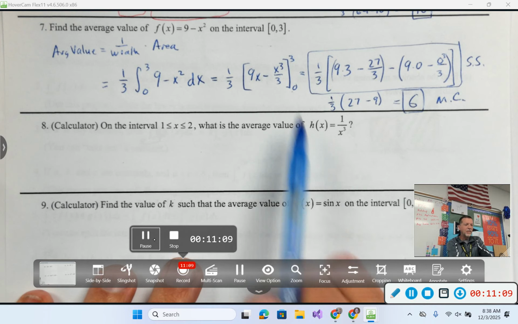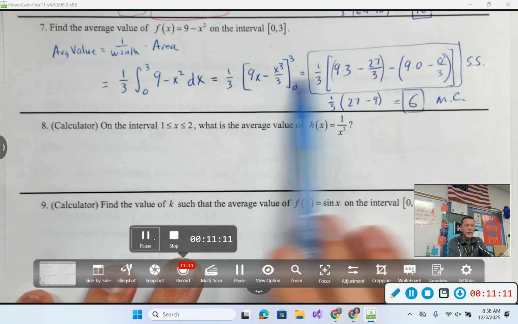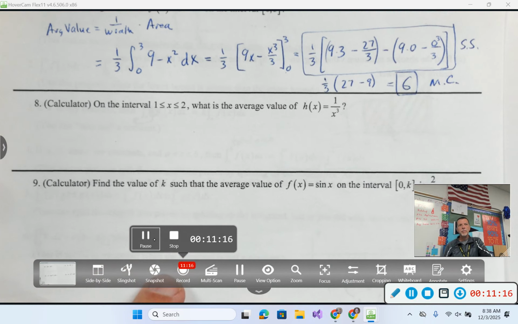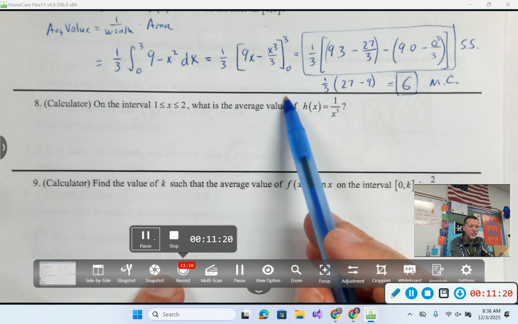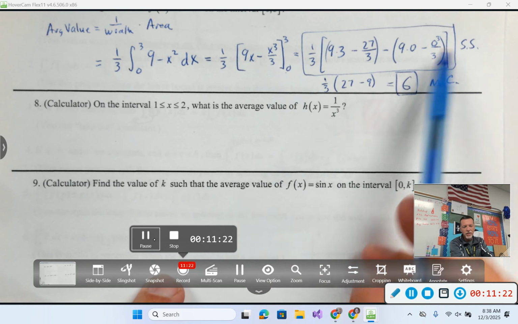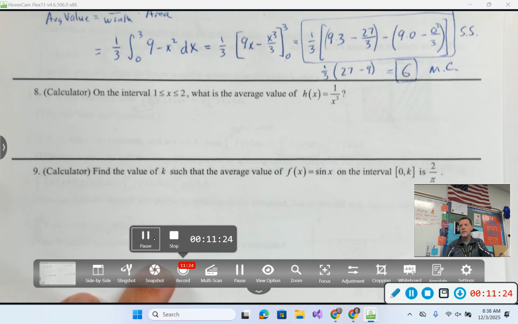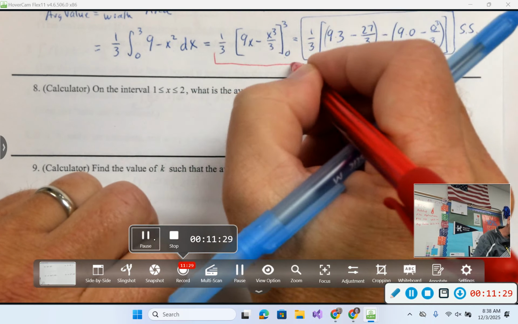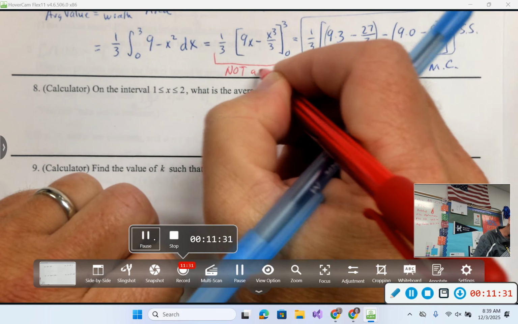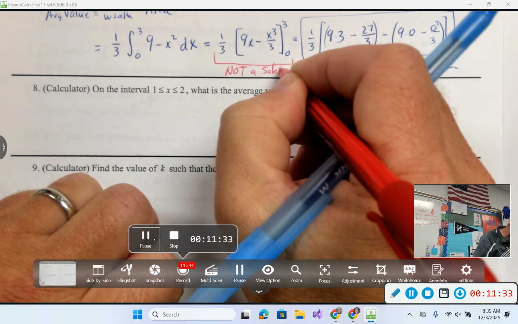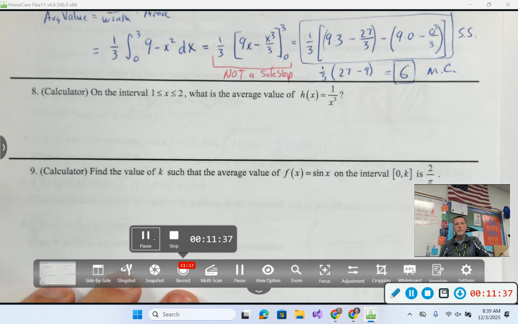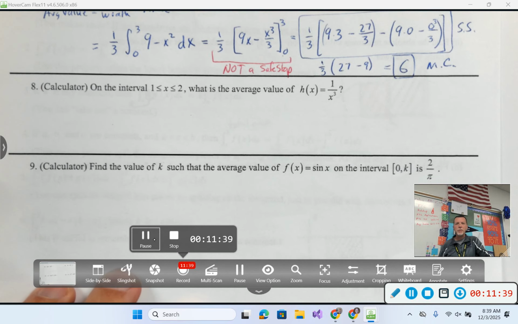The question was if you really wanted to safe stop it and you just put 3 cubed there, definitely okay. You've got to get to the point where you do the substitution. So you have to plug in the 0 and the 3, but as soon as you plug in the 0 and the 3, you don't have to do anything else. So this is definitely not a safe stop right here, because you haven't substituted. It's not calculator ready. There's more to do.